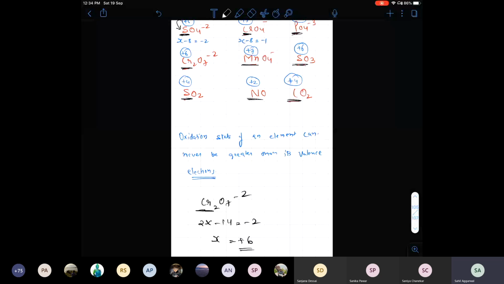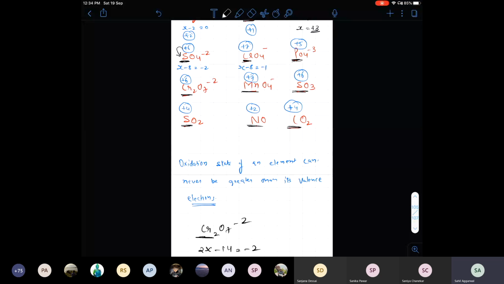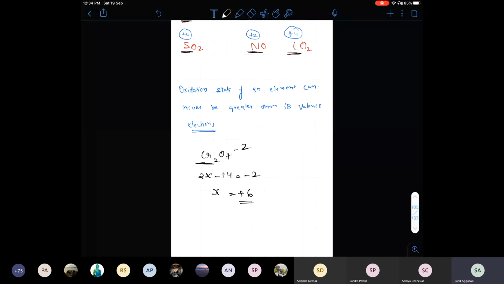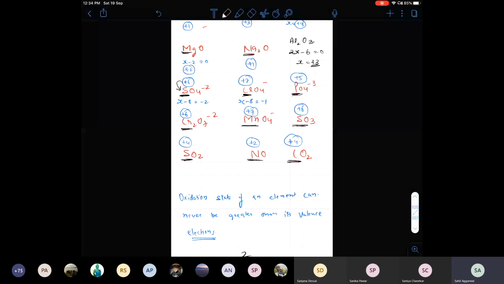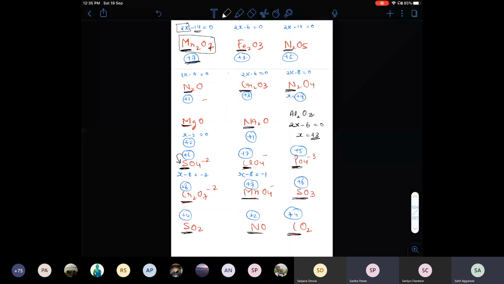Anyone want me to repeat this? We will calculate oxidation state on the central atom. Central atom is the least electronegative atom in the molecule. Understood? Yes, sir. Gone through all the examples? Yes, sir. No doubt.